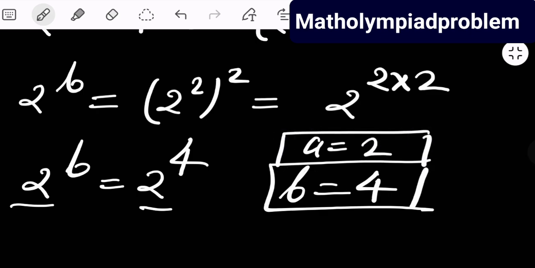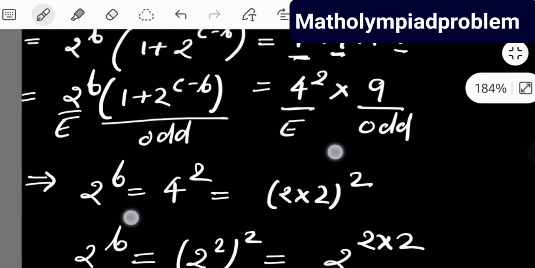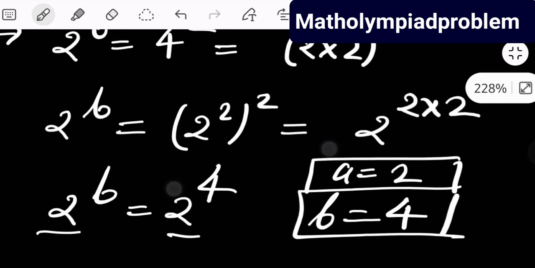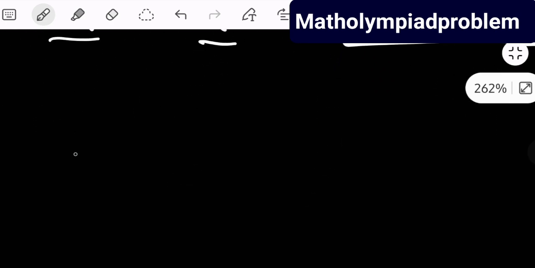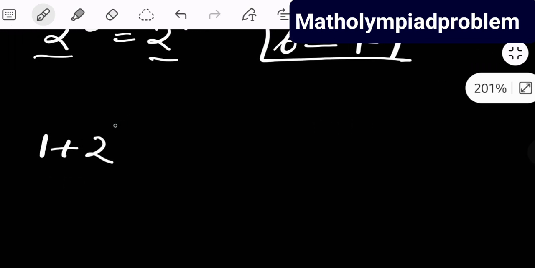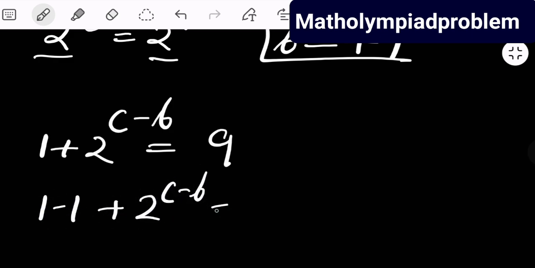Now it's time to find out the c. Okay, I hope you understand this. For c, so for c what we have? We have 1 plus 2 raised to c minus b. It's odd, so just use the odd number. Now subtract 1, 1 minus 1 plus 2 raised to c minus b, here also subtract 1, okay.